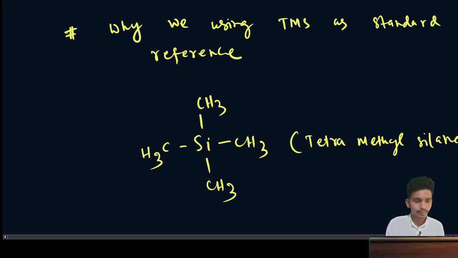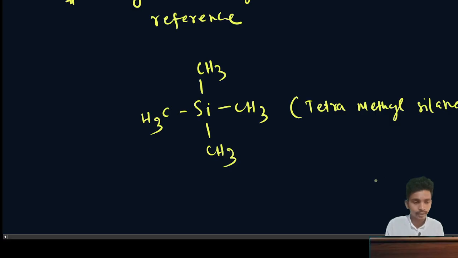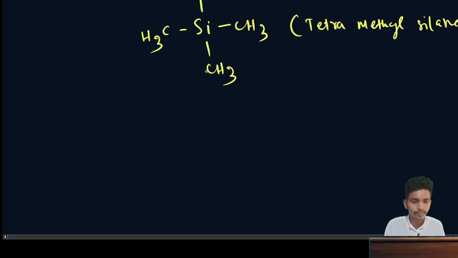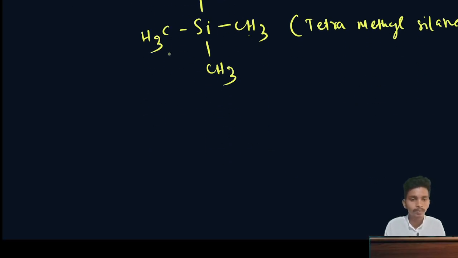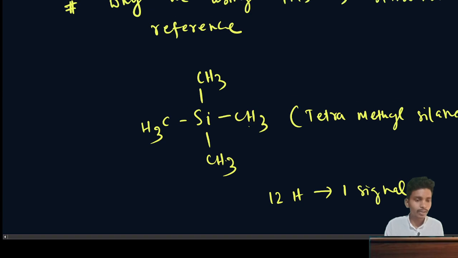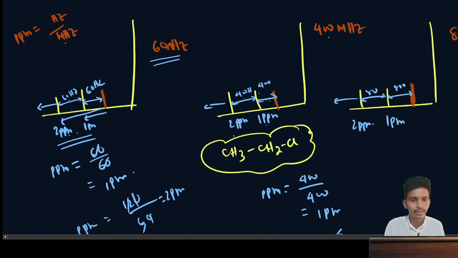Okay, so in this tetramethylsilane, what do we have? These are all homotopic and all the same. So the total of 12 H will give one signal, and that one signal is here.